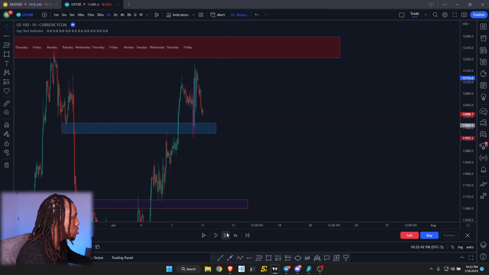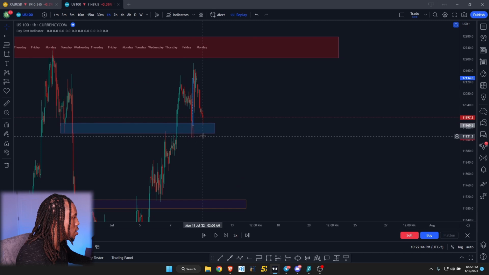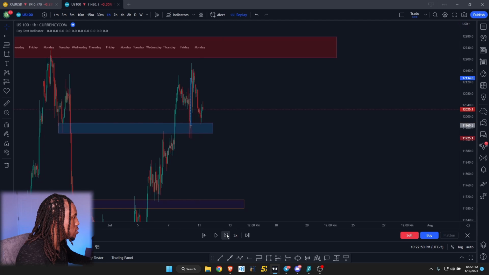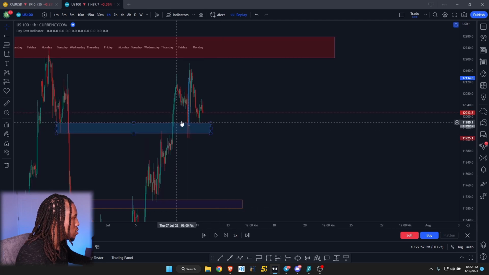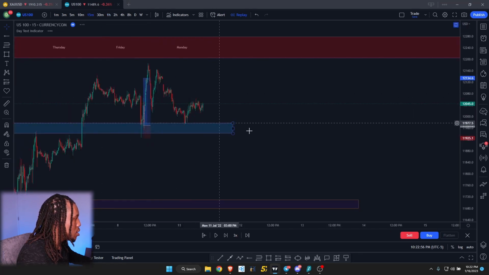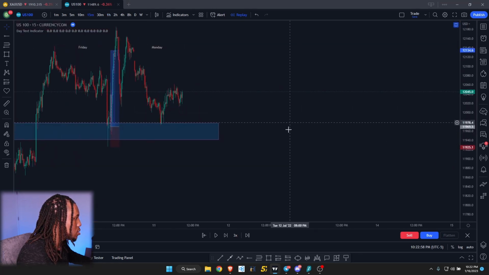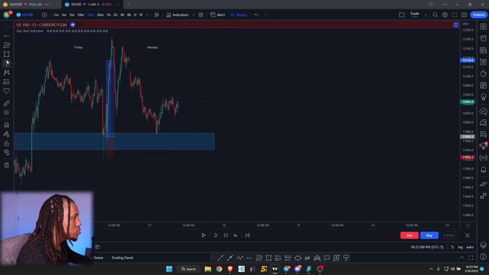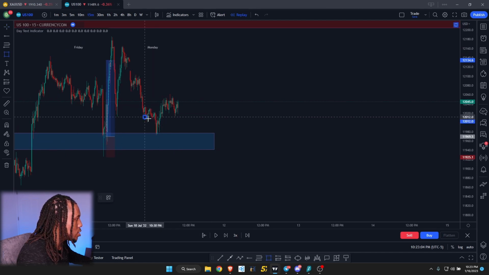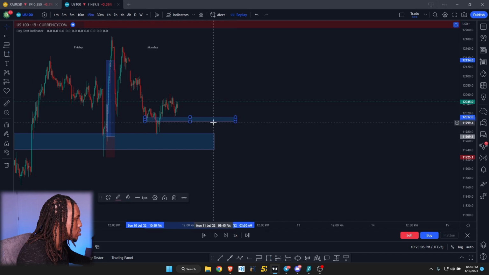So let's see here. Here we are on Monday, fresh new day, 2 a.m., 3, 4, 5. Okay, so this is 8 a.m. So at 8 a.m., let's see here. So I do see this level right in here. Price is essentially maintaining this level here.